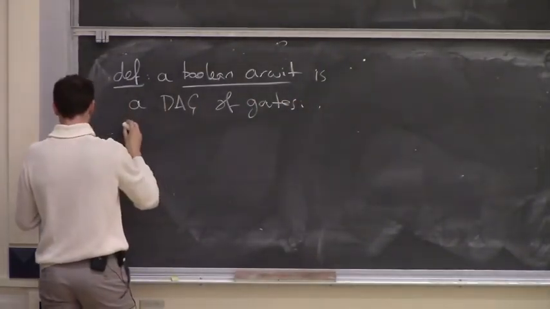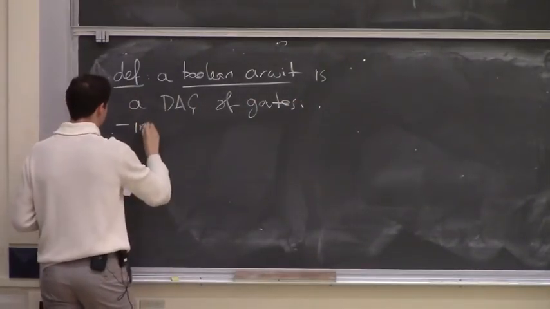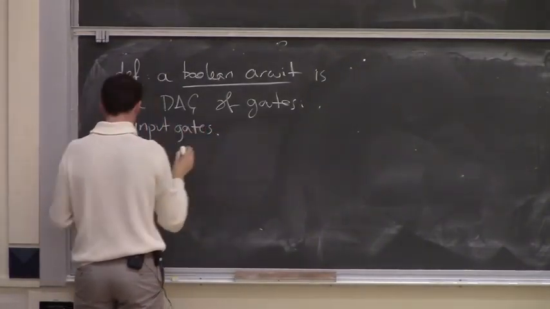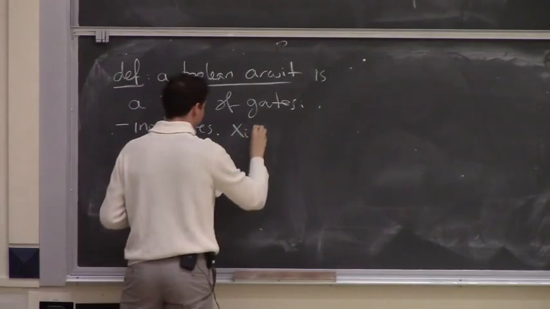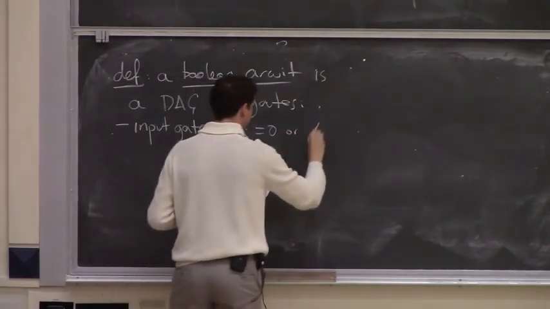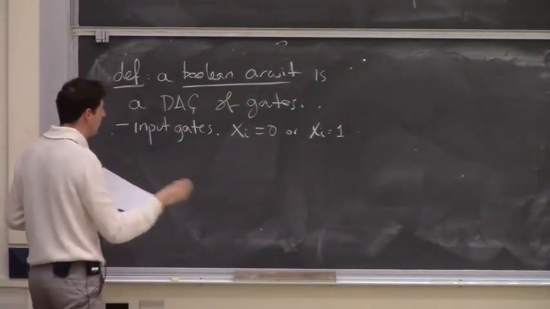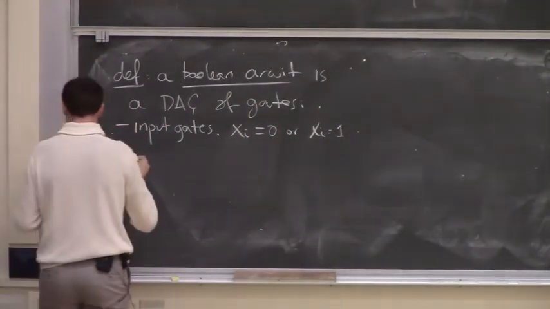They have several types. There are input gates. And the input gates say that you have either xi equals 0 or xi equals 1. That says this location is either 0 or 1.